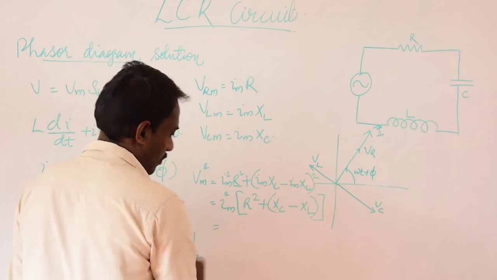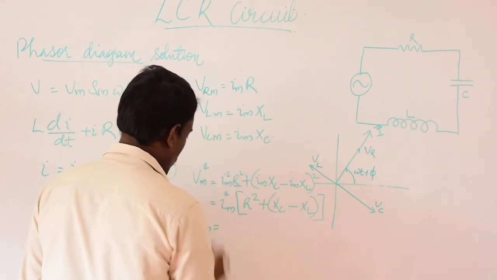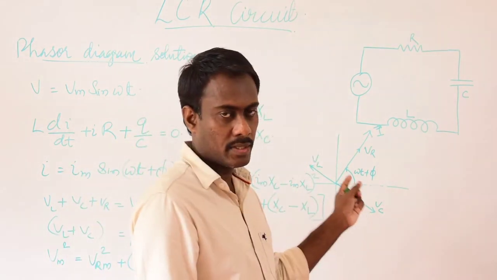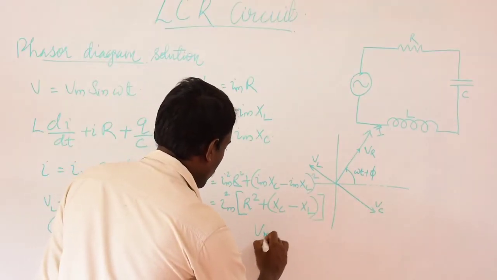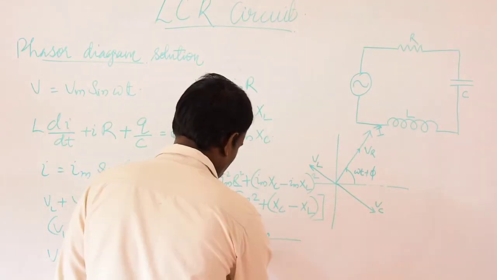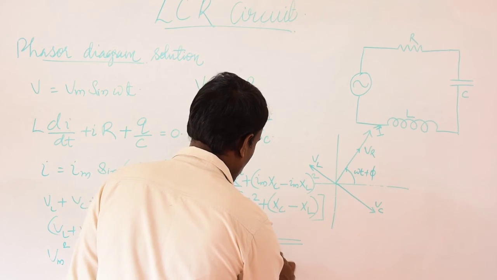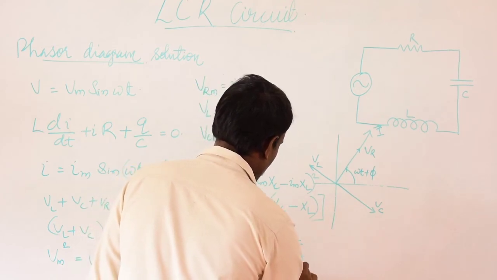From this equation, since we want the relationship between the current and the voltage, IM is equal to VM divided by the square root of R square plus (XC minus XL) whole square.